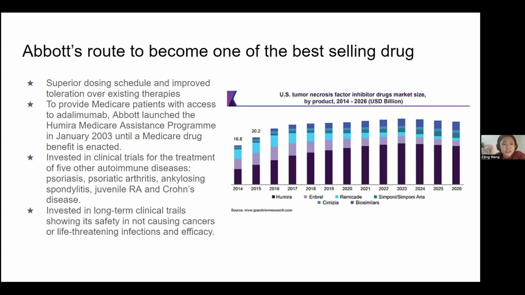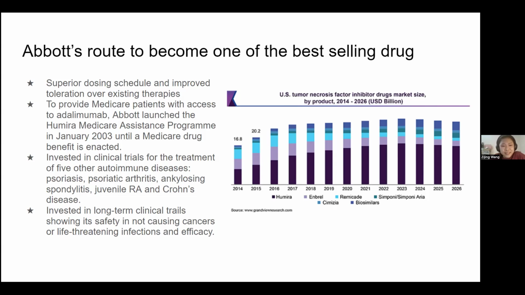So Abbott launched the Humira Medicare Assistance Program to provide free Humira injections for qualifying patients until the Medicare drug benefit covered Humira. And their boss is really smart.